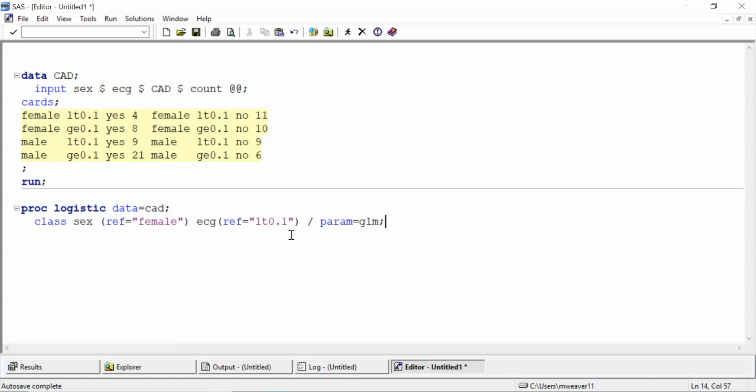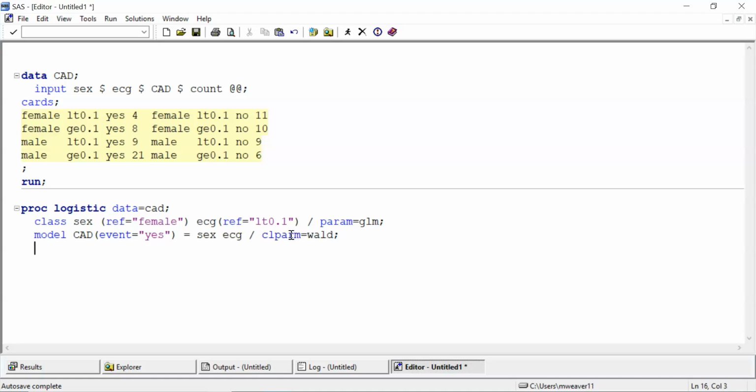That's asking for the same parameterization that's used in GLM, which again I highly recommend because that will make it meaningful to you. And I'm going to say CAD event, I can't spell today, event equals yes. So I'm modeling the yeses, sex and ECG. And I'll ask for confidence levels for the parameters.